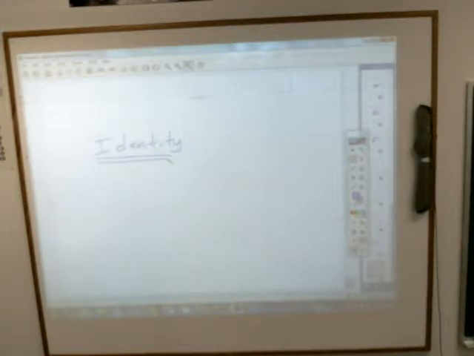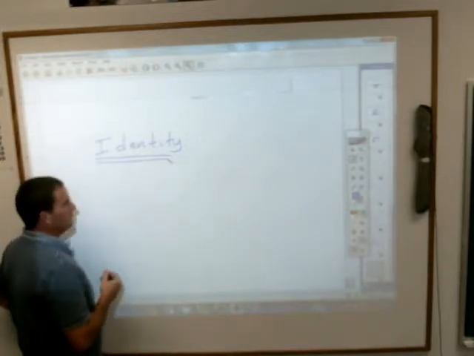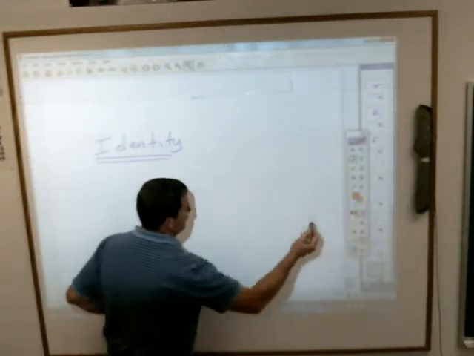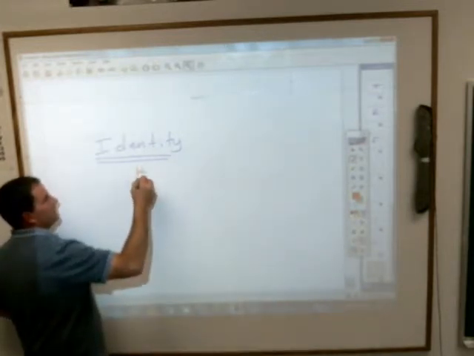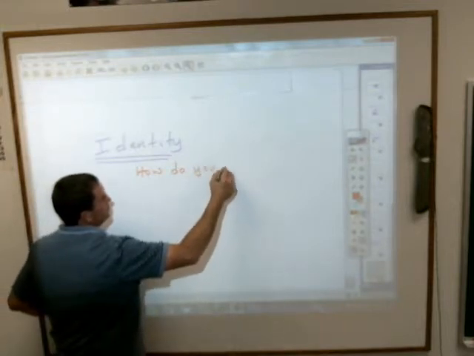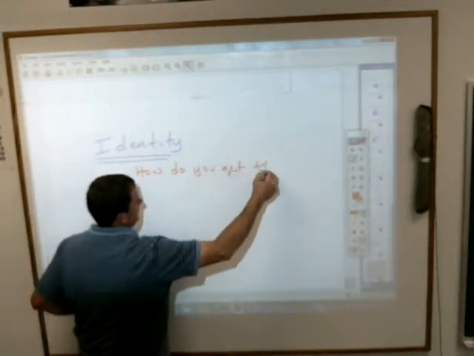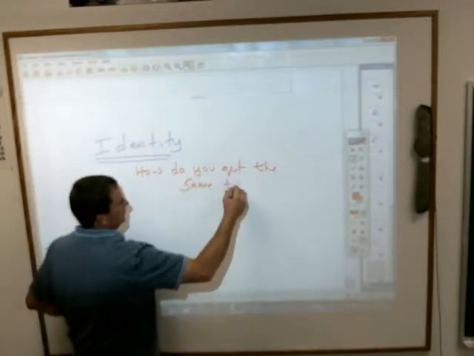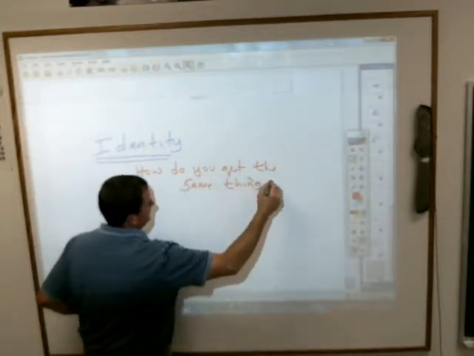The identity property, and the identity property is, you have it for both addition and for multiplication. The identity property is what happens, or how do you get the same thing you started with?